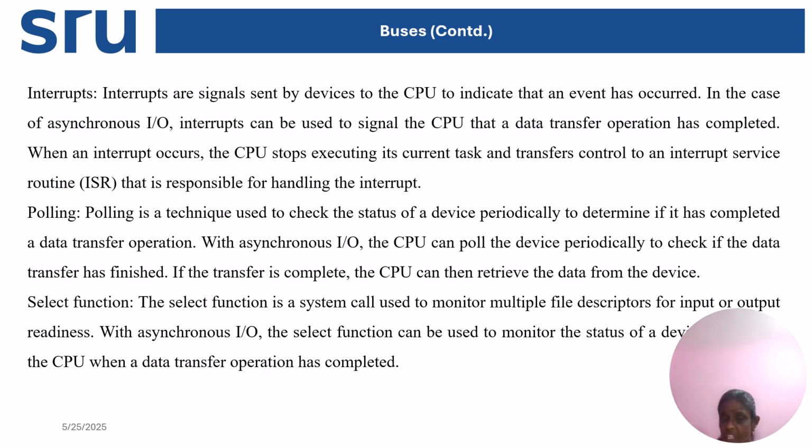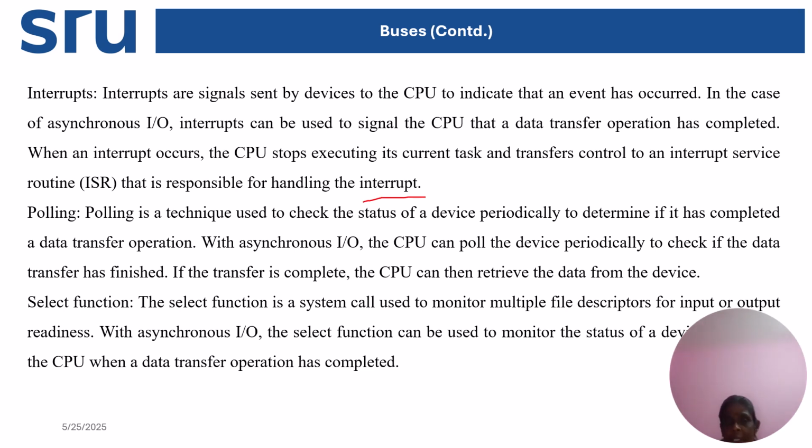Once it is known that it is the data transfer interrupt, immediately the control is transferred to that corresponding memory address. Next one, control. When an interrupt occurs, the CPU stops the current task and transfers control to an ISR that is responsible for handling the interrupt. Here the interrupt is for data transfer.